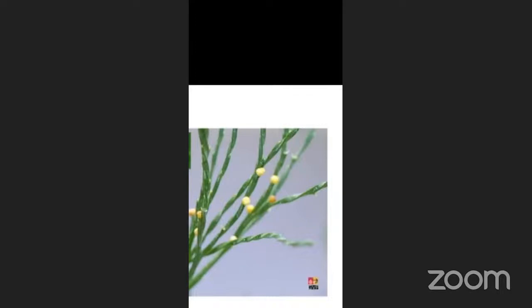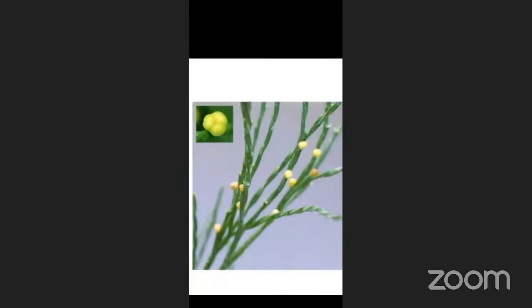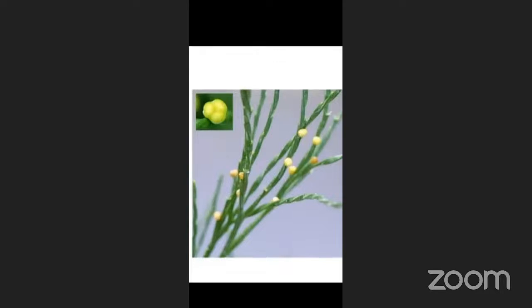These fertile ones bear the synangia. See here that yellow-colored triangular structure. That triangular structure we call a synangium, which is the reproductive organ. These produce the spores. So the synangium is the reproductive organ.